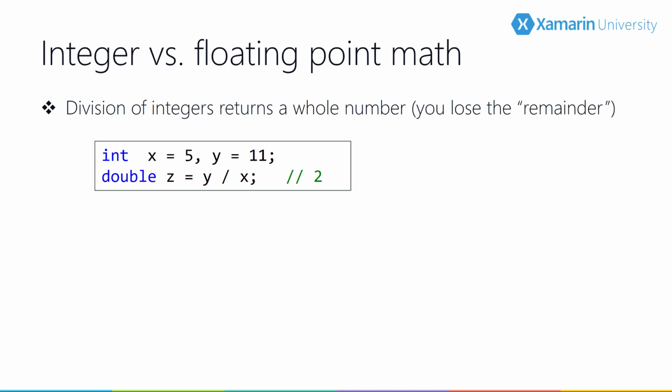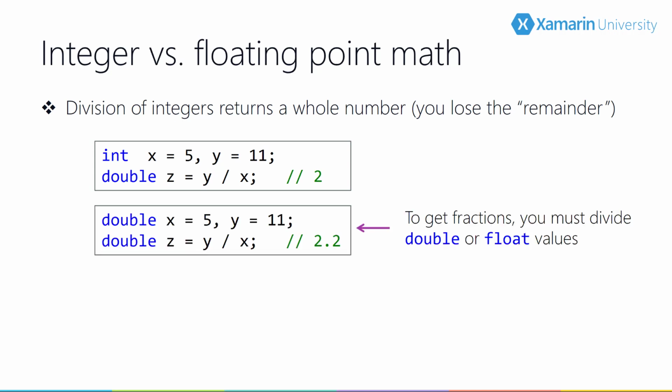Because x and y are declared as integers, we divide them as integers. So even though z is a double, it's not capturing that 2.2 because 5 and 11 are integers. It's dividing with integers and cutting off the decimal place. If you want to capture that decimal point, you need to declare x and y as doubles as well, and then you'll see the 2.2.